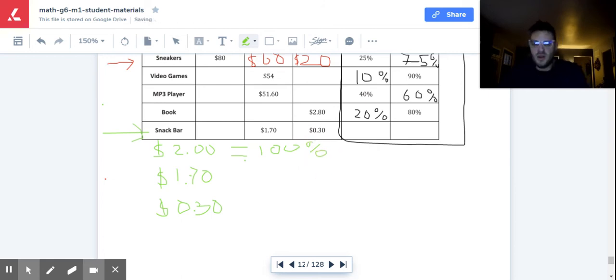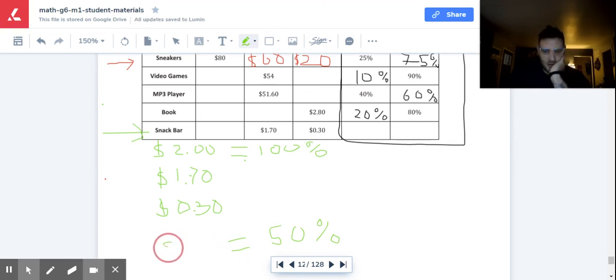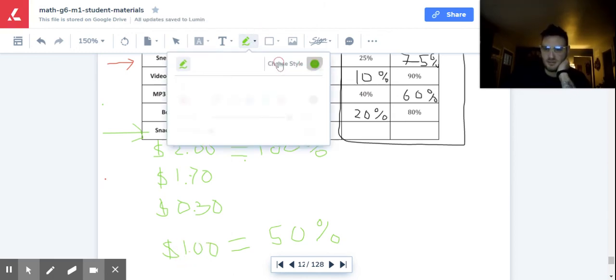Okay. Well, then what we can do from here is figure out 50% and kind of estimate from here. I know that if they give you the percent first, it's the hardest part. That would have been $1. See how if 100% was $2, then it would have been $1 for 50%.